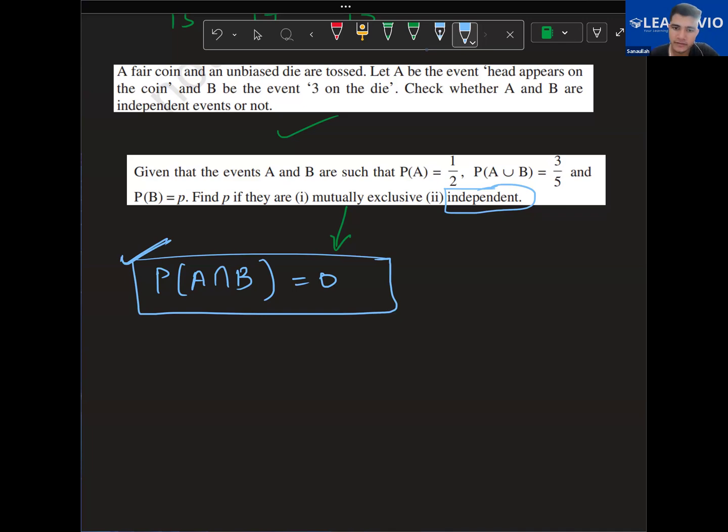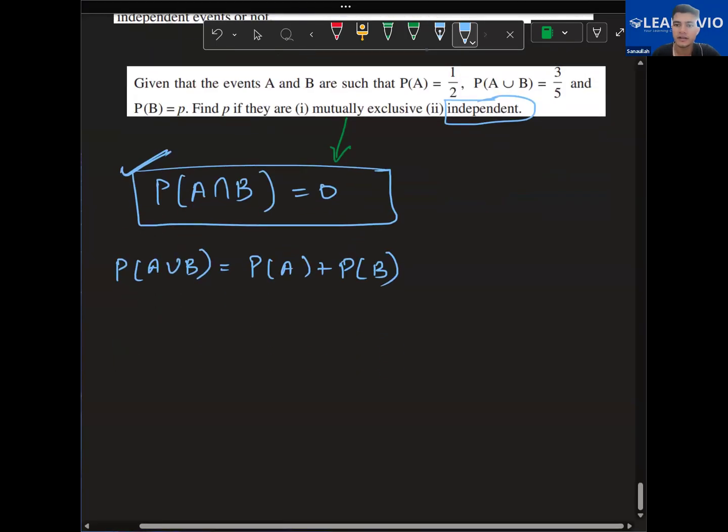So when the intersection part is zero, you have to find the probability of P, and A union B is given. It can be written as P(A) plus P(B), and the intersection is also there, but since it is zero, I will not write it. This is the definition of mutually exclusive: whenever you have mutually exclusive events, the probability of A intersection B is zero.